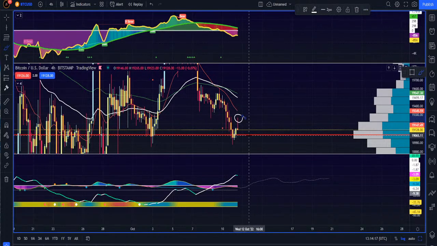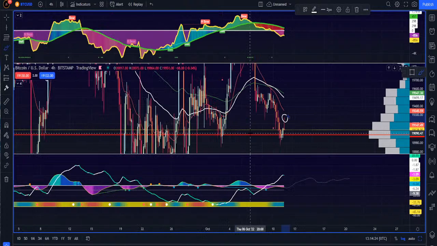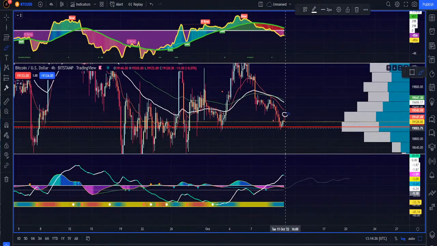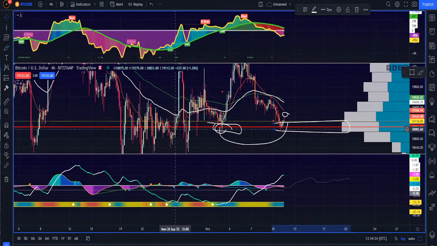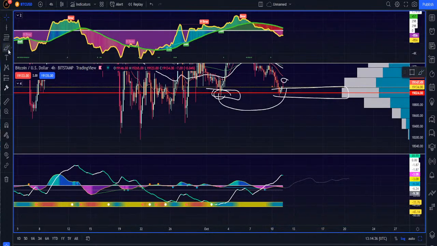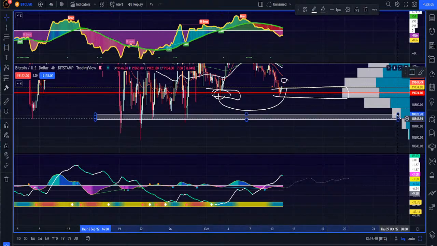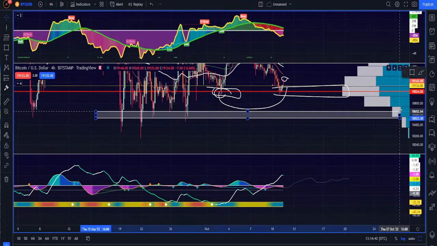So any close below $19,000 in short term, 4 hour chart closing below $19,000, is the last hope for bulls. Why? Because Bitcoin is going to destroy the previous high, also the area of support, and the next target should be again the lows here in the very short term, around $18,000, 800, 900, around this area.